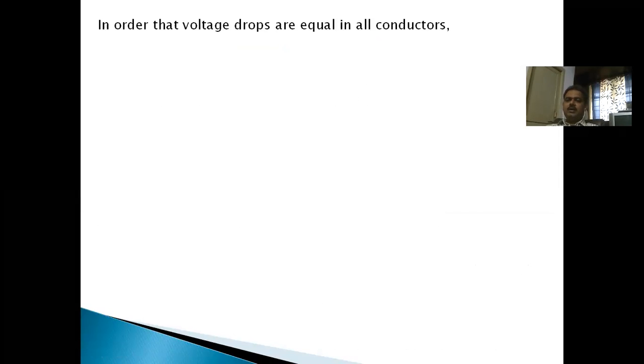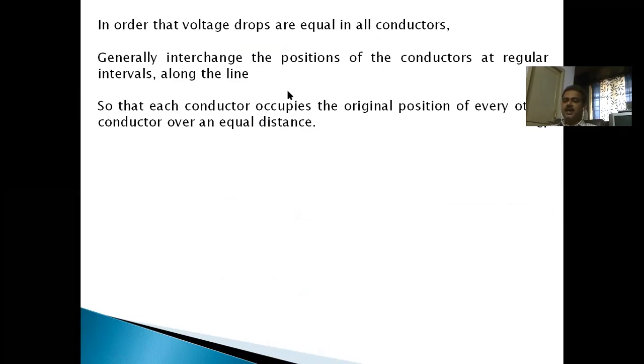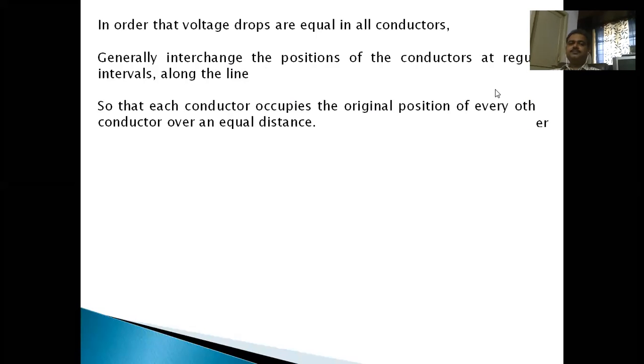So in order for the voltage drops to be equal in all conductors, we have to transpose, that is, interchange the positions of the conductors at regular intervals along the transmission line. This is nothing but transposition of conductors.